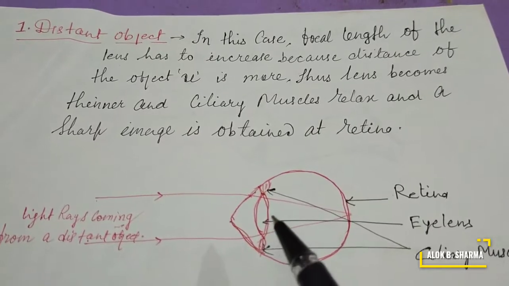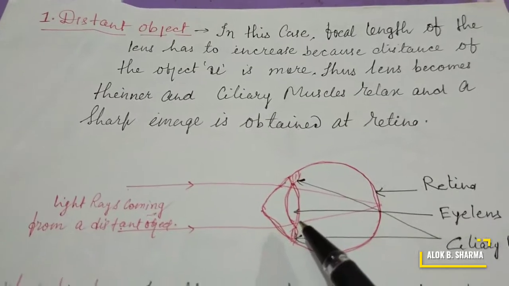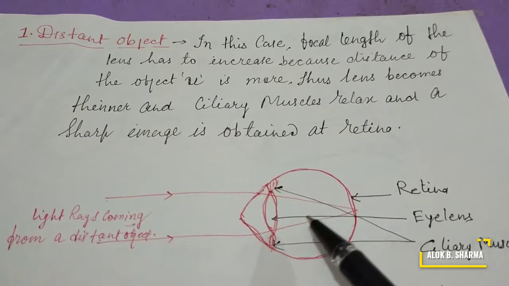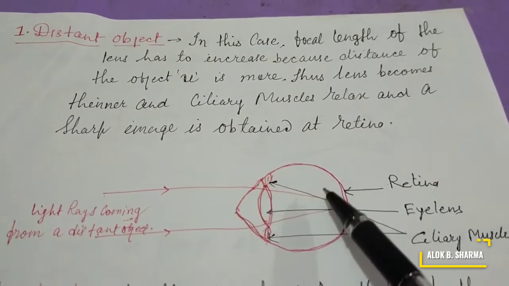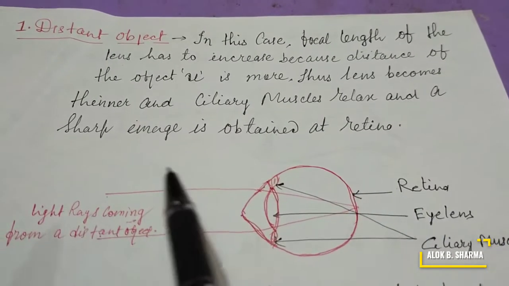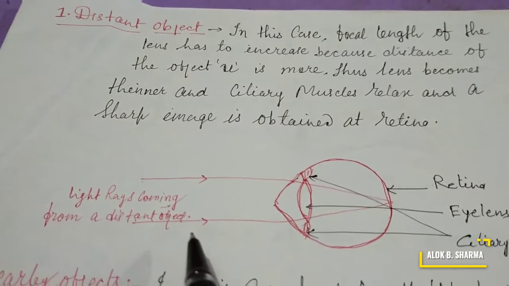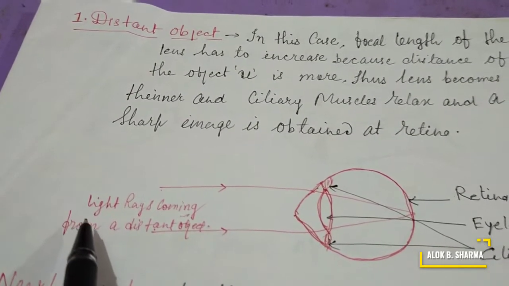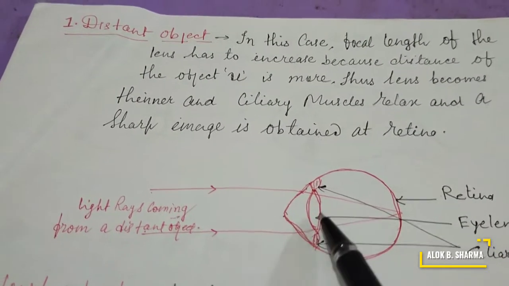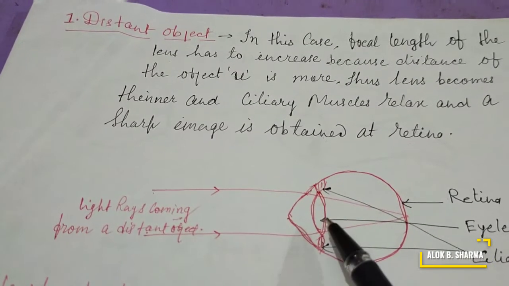In this case the eye lens becomes thinner, means ciliary muscles relax. When the eye lens becomes thinner, its focal length increases, and a sharp image is obtained at the retina. Means when the eye is trying to see far off objects, rays coming from infinity fall on the lens and its focal length increases, so that the image will be formed at the retina. In case of a far away object, the lens relaxes.